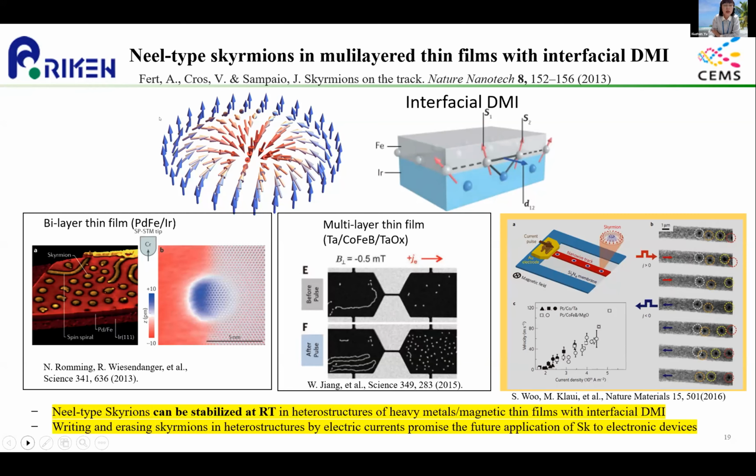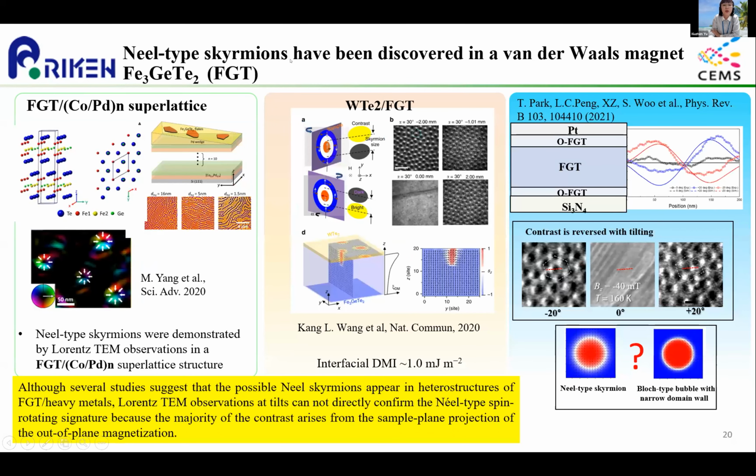So recently, the Néel-type skyrmion was also argued to exist in a wonderful magnet, FGT. Here, I think Professor Fert also presented this work. Researchers made a heterostructure of FGT and heavy metal, and they presented the Néel-type skyrmion in the thin film.